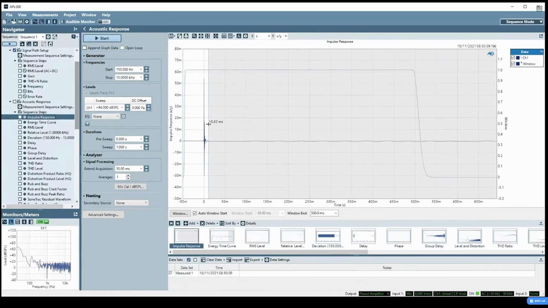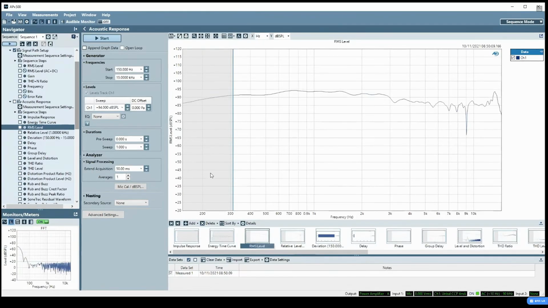But if we had reflections that we wanted to gate out, see if I can get this close enough to, there you go. On the film strip, you can now see we have this area. You can see the effect of the time window on the low frequency response.